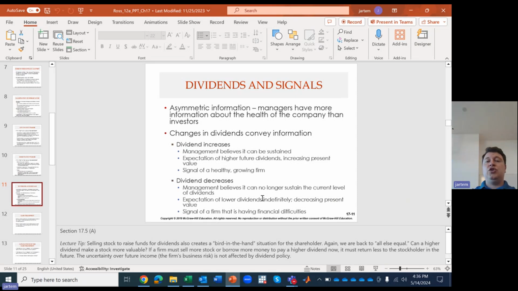And that's a signal of financial difficulties. Now, not always. We can think of other situations where firms say, look, we just have so many great internal ideas that instead of issuing this money back out to shareholders, we're going to internally finance these ideas via the pecking order theory. But this is not always how it is perceived.